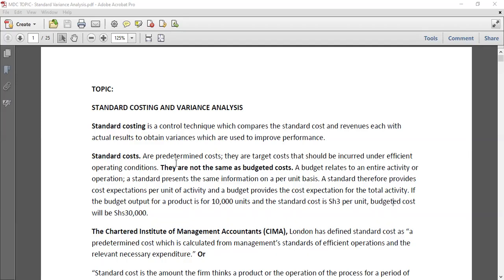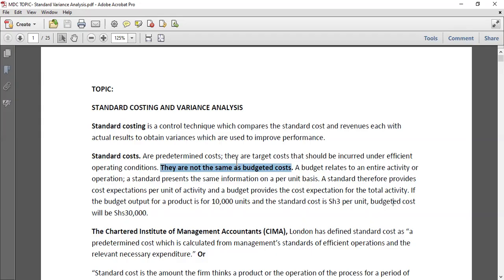You should know that these are not the same as budgeted costs. Budgeted costs look at the entire organization and the entire activity, yet standard costs are on a single unit of product.